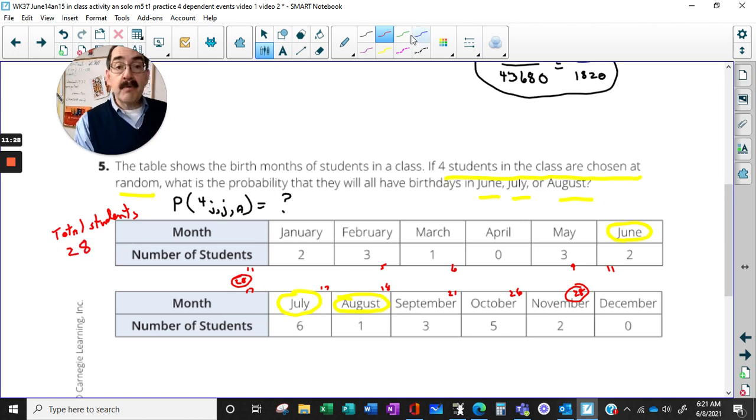Okay, next most important number. How many June, July, and August? 2, 3, 6, 9. 9 June, July, August. Okay, I got 9. What did you guys get? That doesn't look like a very good 9, Monty.